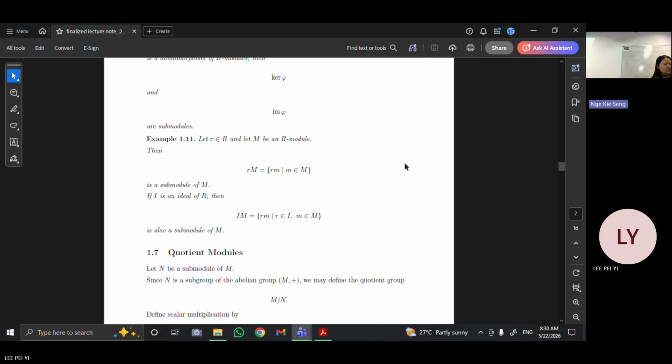So the kernel consists of all elements sent to 0, and these are the fundamental constructions throughout algebra.